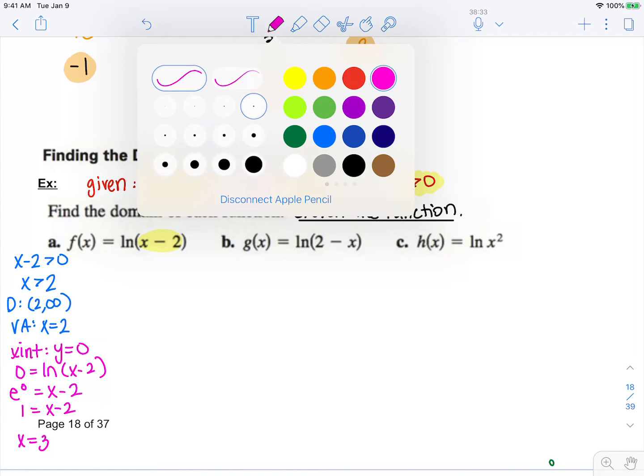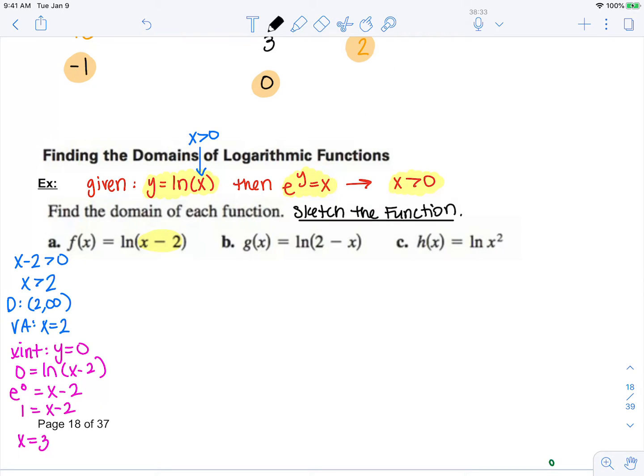Now that I know that, I can sketch my graph. First, I see I have a vertical asymptote here at x equals 2.